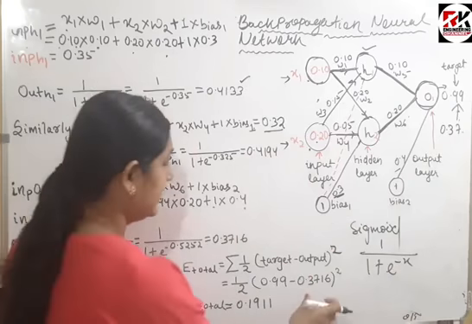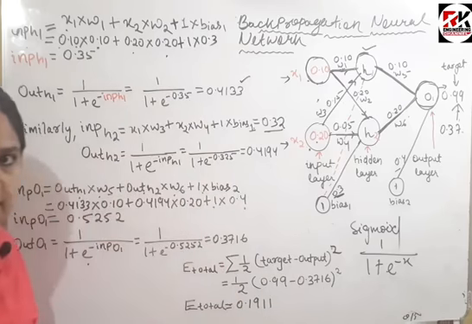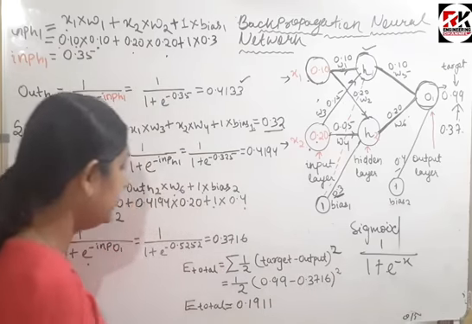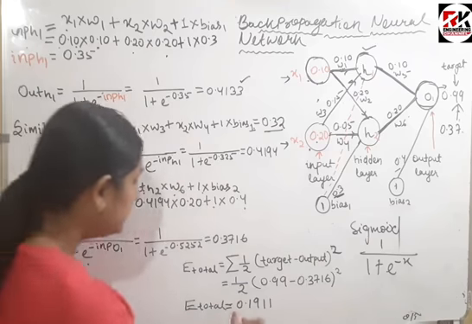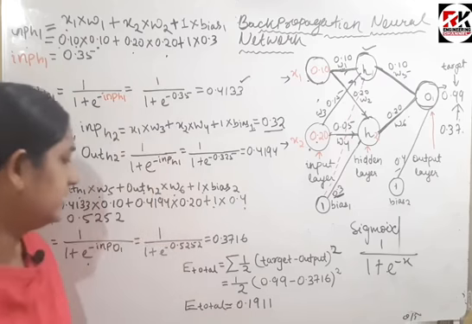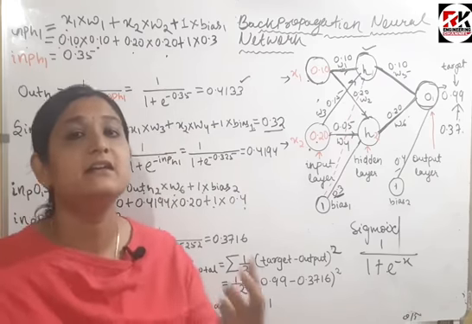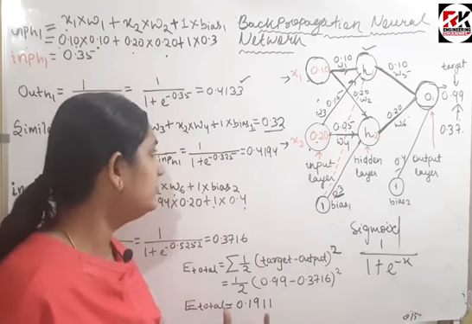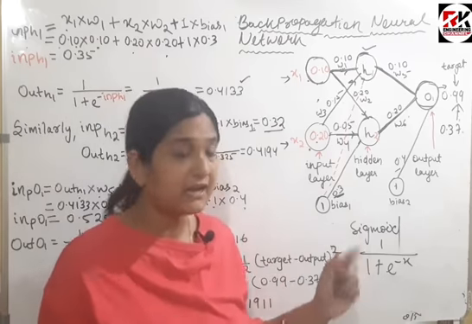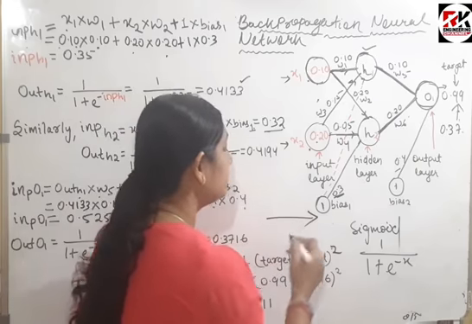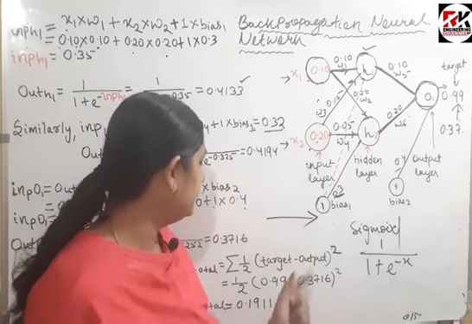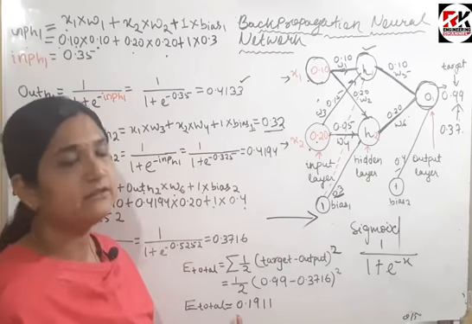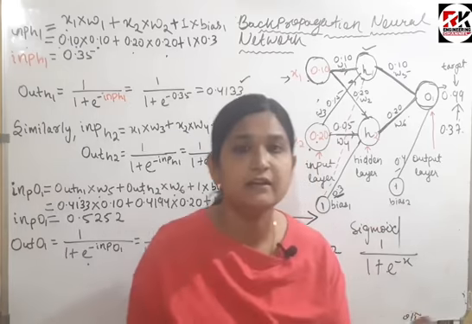Actual output I am getting is 0.3716. So when I do the square and multiply with 1 by 2, I will get 0.1911. So this is my error value, which I get when doing the first forward propagation.